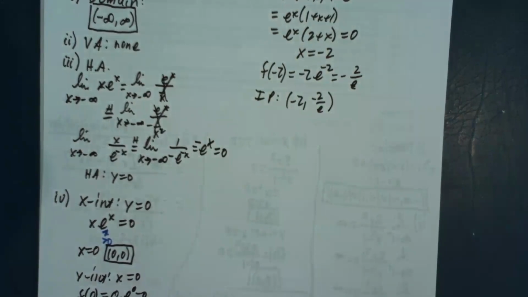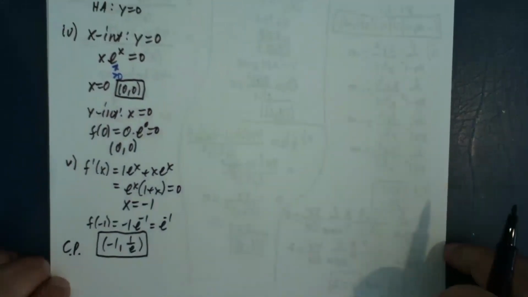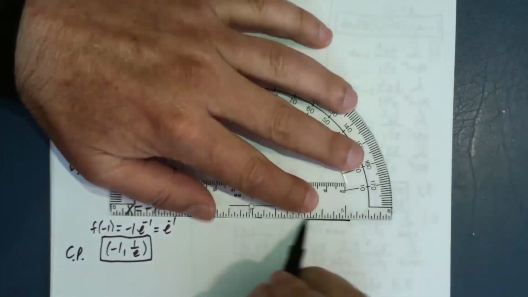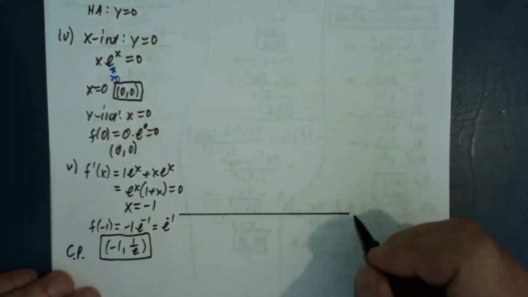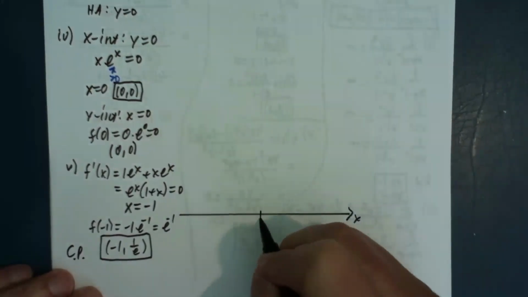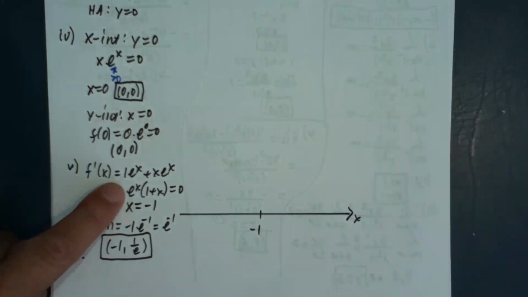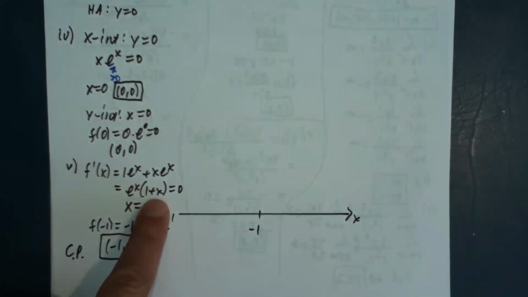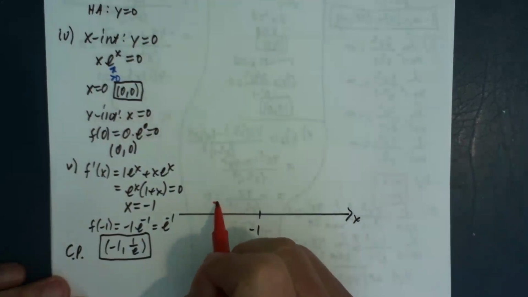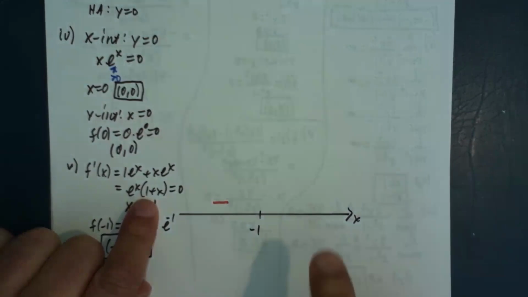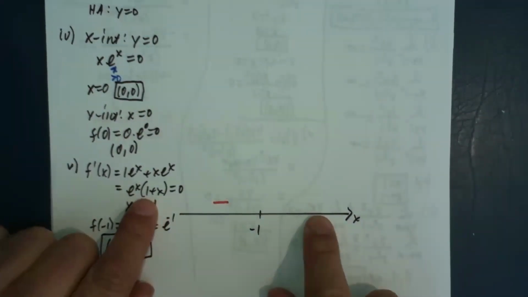All right, so let's explore local minimum or local maximum and so on. Let's do it for down here. So we only have negative 1. And I'm going to be plugging this into here. So if I plug in negative 2, again, this part's always positive. Negative 2 here is going to give me negative 2 plus 1 is negative 1. So that means over here, we have negative slopes. And then we can plug in 0 for this side. That's going to give us a positive 1 and a positive.